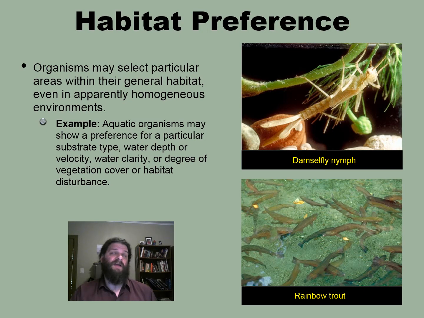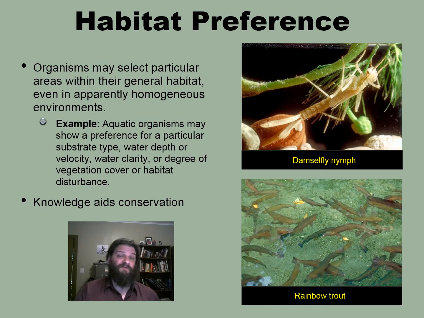But when we look at things like aquatic organisms, they'll have a wide range of substrates that they really like to live on, whether to lay eggs or to hide from predators or to hide from prey or to find their food in, all different gradations and gradients that they prefer. Knowing about these different preferences can really help with conservation efforts in different organisms so that we can maintain the proper habitats for the organisms to thrive in.